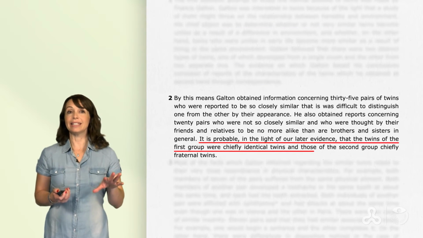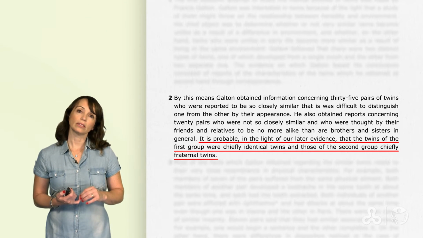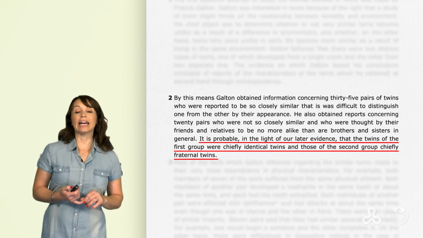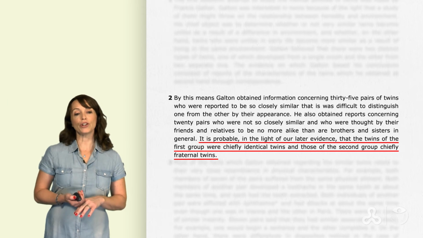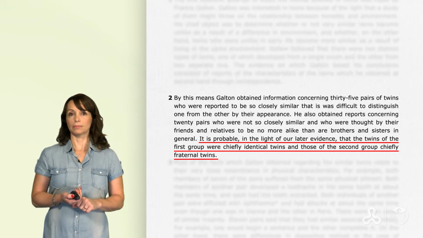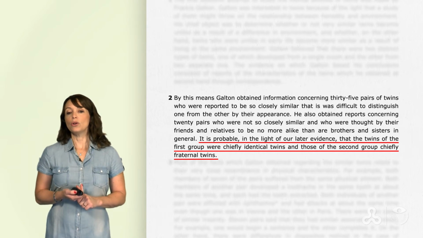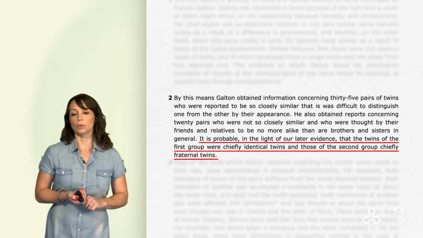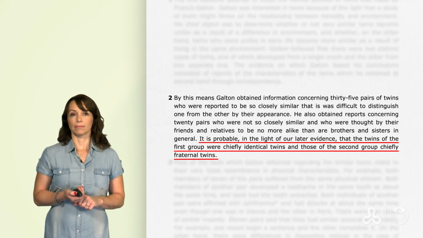So let's read the last sentence together again. It is probable, זה אפשרי, in the light of our later evidence, that the twins of the first group were chiefly identical twins, and that those of the second group were chiefly fraternal twins.